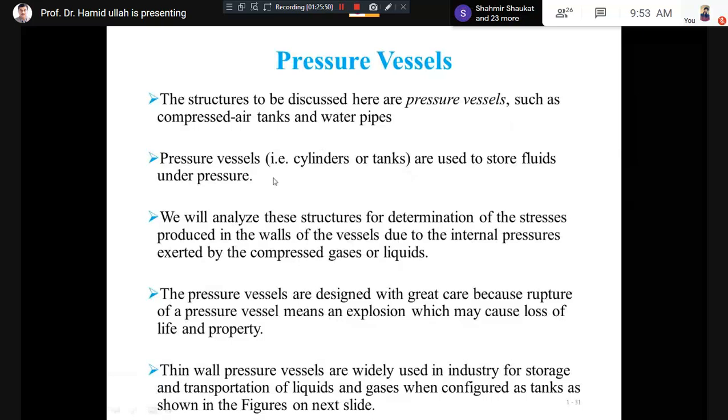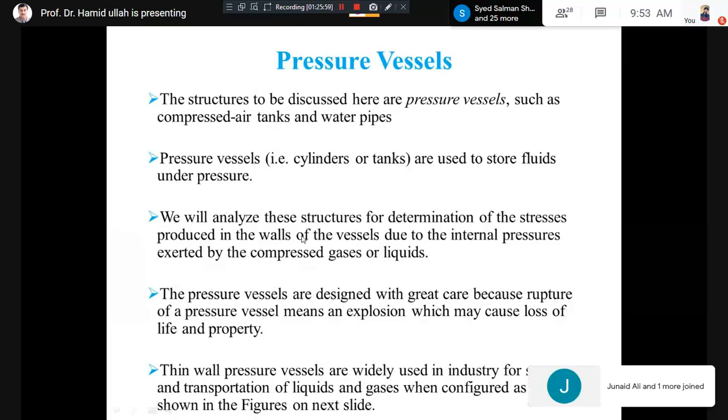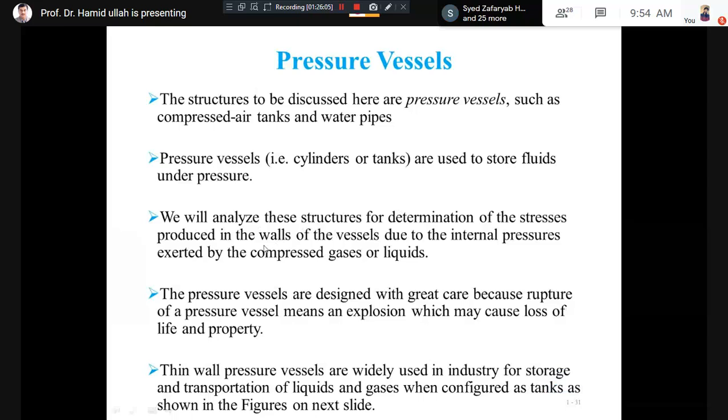Your duty, your aim, your objective, your responsibility as an engineer would be to analyze this structure, by which I mean the pressure vessel, so that you can determine the stresses produced in the vessel because of the internal pressure exerted by the compressed gas or liquid contained inside the cylinder.